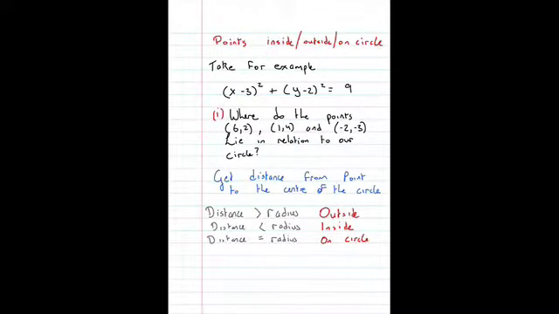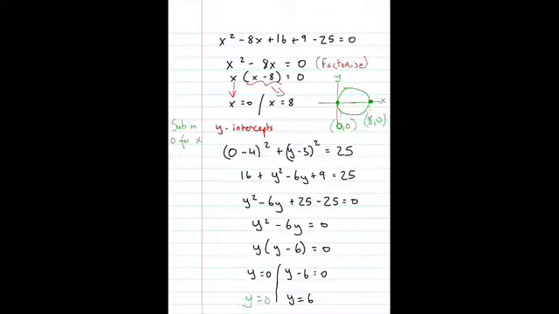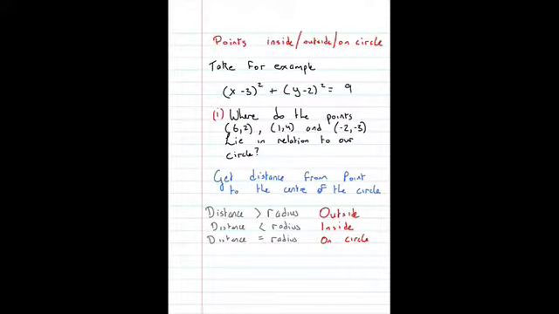You just have to remember that the x-intercept is where the circle crosses the x-axis and y is 0. The y-intercept is where it crosses the y-axis, you sub in 0 for x.